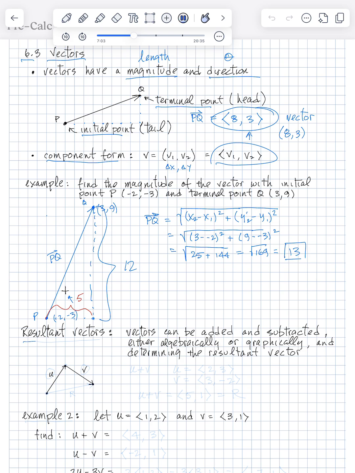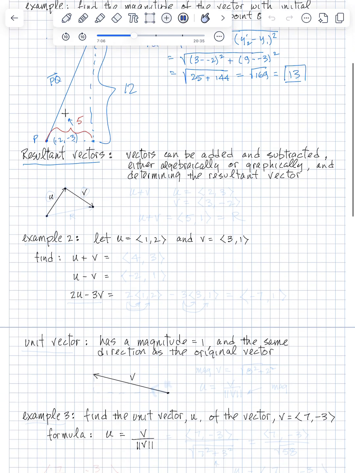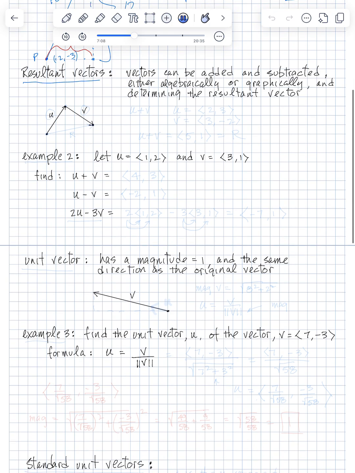Okay, resultant vectors. When you add or subtract vectors, you're going to get a resultant. Let's look at vector u right here. Here's the initial point, and the terminal point is right here.